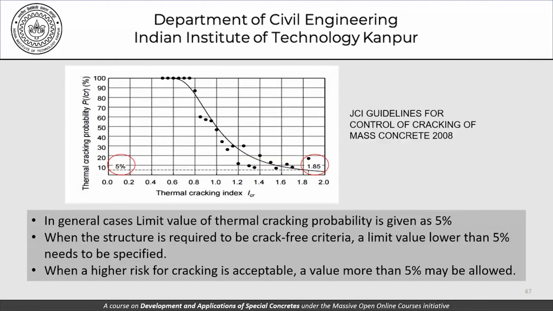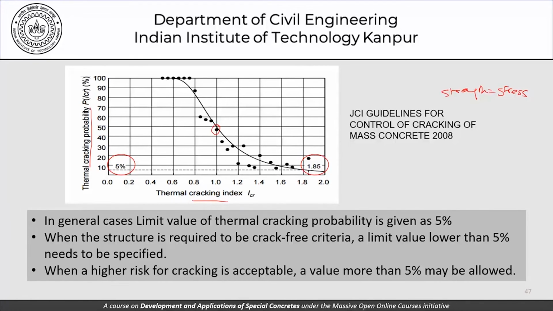So here is what a guideline from the Japan Concrete Institute says, that if we plot the probability of cracking on this axis and the TCI on this axis, obviously when it is 1, the probability of cracking is 50%, because when we say that the strength and the stress are the same, we really do not know which is slightly exceeding the other, and therefore the probability is pretty close to 50%.